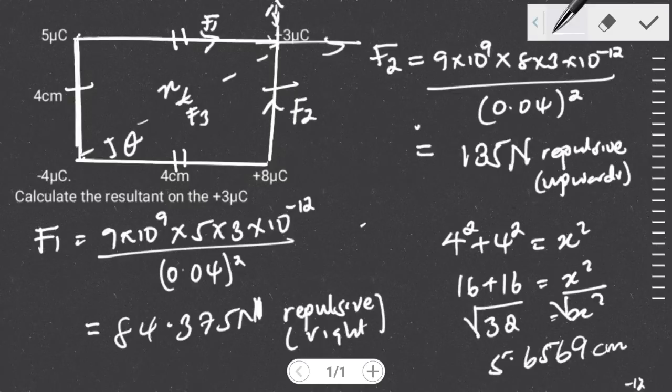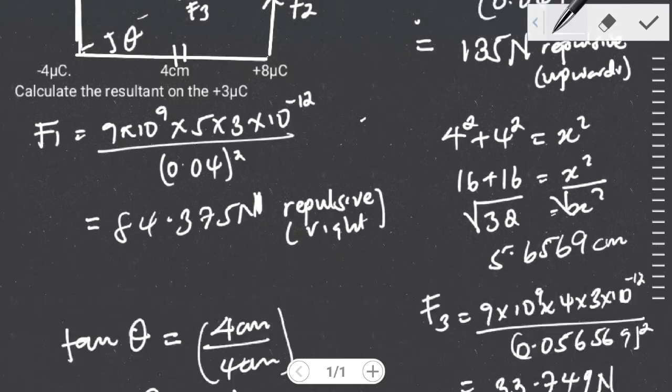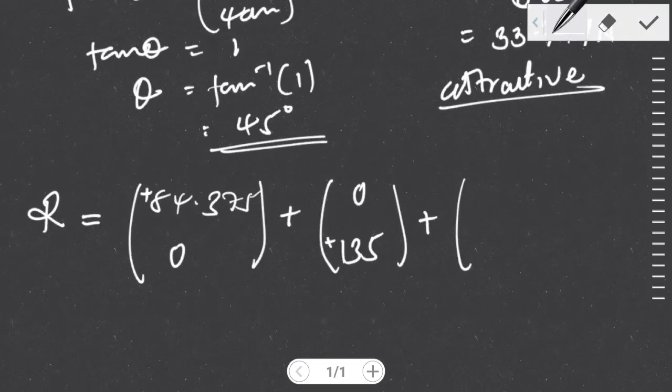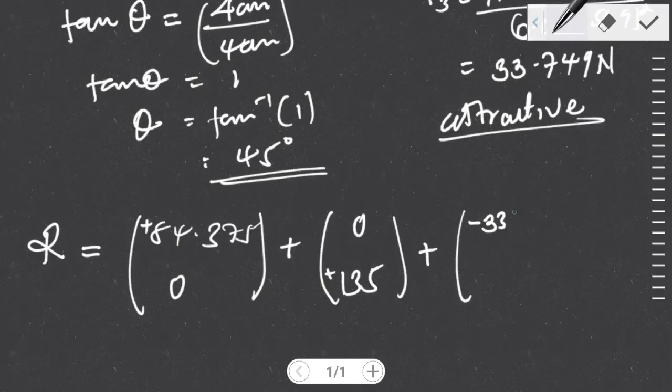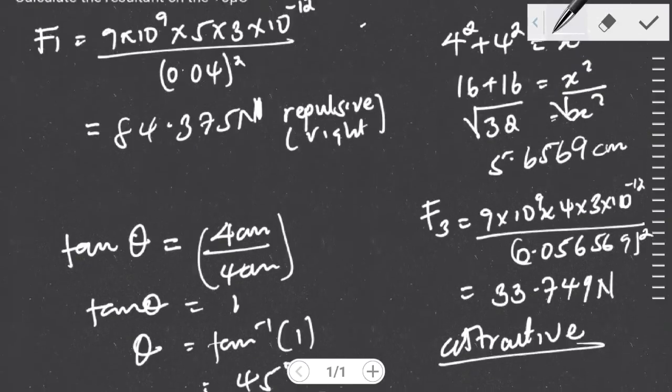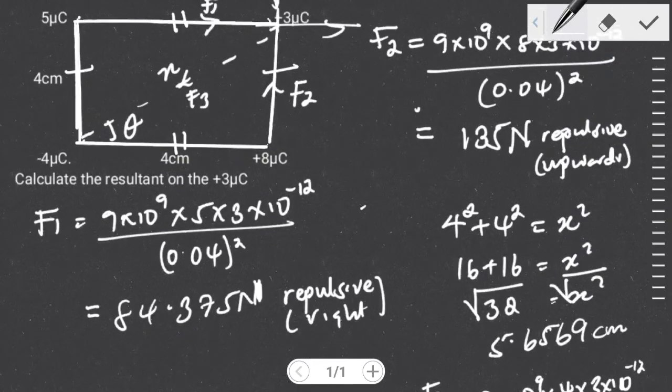So you find that the force in this case would be negative 33.749 cos of 45.